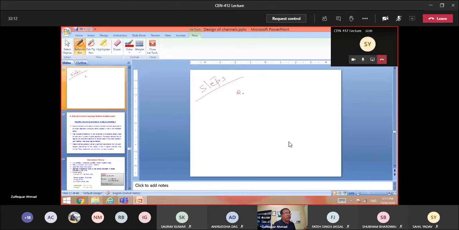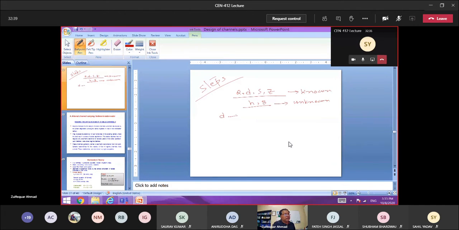You have the Q, the D, the sediment size, the S, and the Z. These are known to you, and we have to fix the values of H and B. These are the unknowns and we have to get them. For a given sediment size, you have to get tau C, and once tau C is known, you take tau BL equal to 90%, 0.9 times tau C, and accordingly you can take tau SL, that is k times tau BL. So now tau BL and tau SL are known to you.